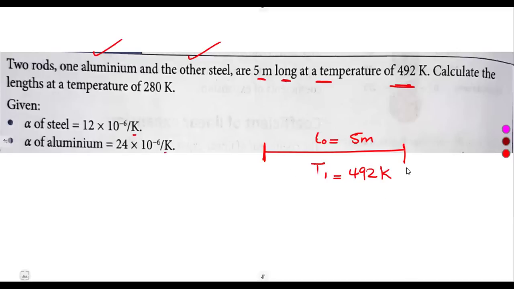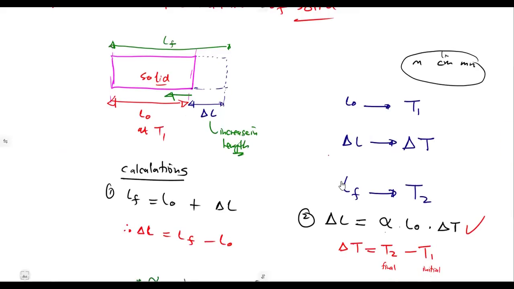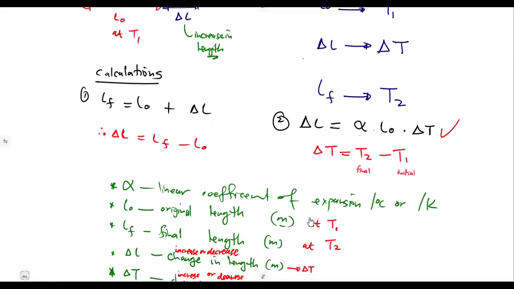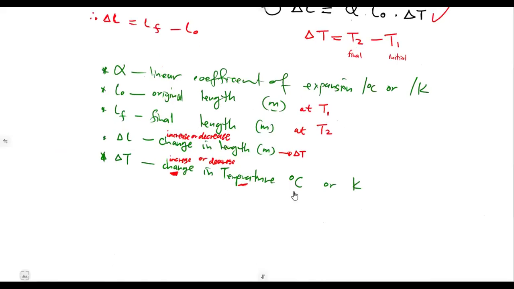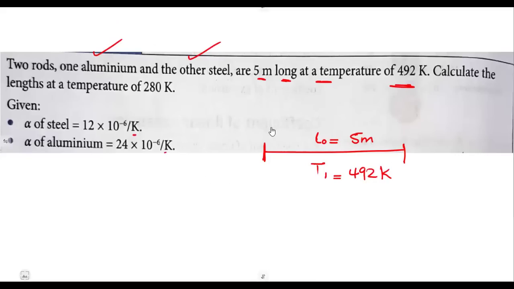I mentioned here on temperatures, degree Celsius or Kelvin. This one is per Kelvin, or per degree Celsius, so you can use any consideration. If you want to convert, guys, there's no need for you to convert there. Then the question was, calculate the length. There are two of them there. At a temperature of 280.